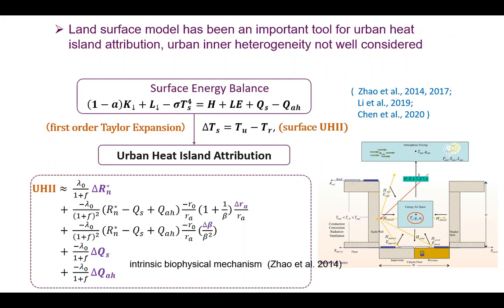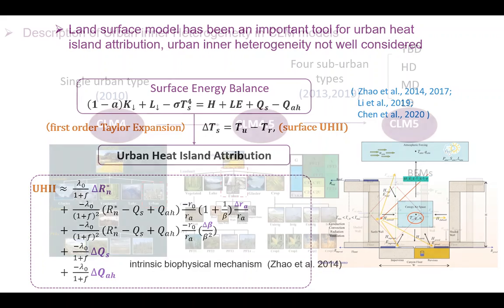But in current published studies, the urban area is mostly taken as a whole, so the urban inner heterogeneity is not well considered, mostly due to the limits of the land surface model, because the Community Land Model is now widely used in such studies.